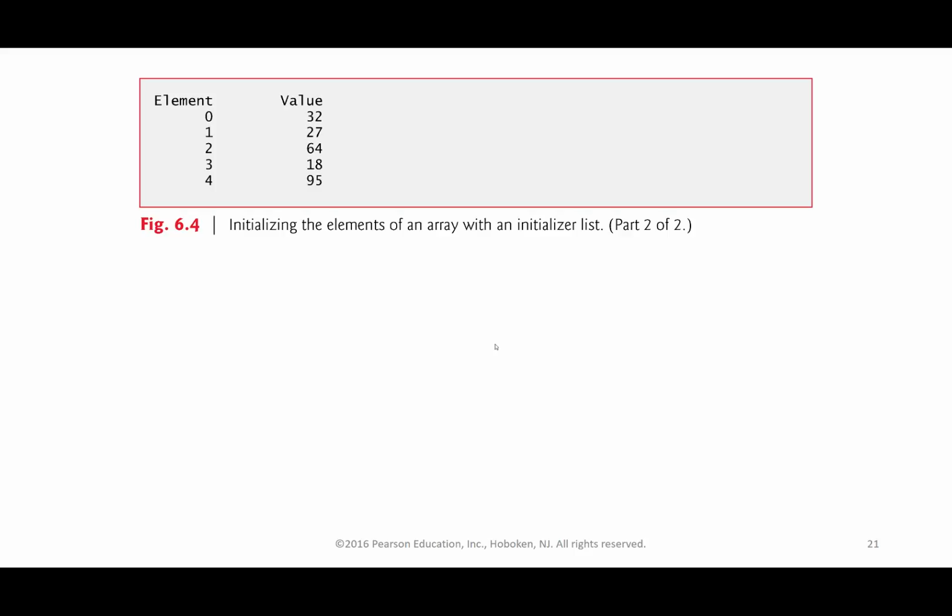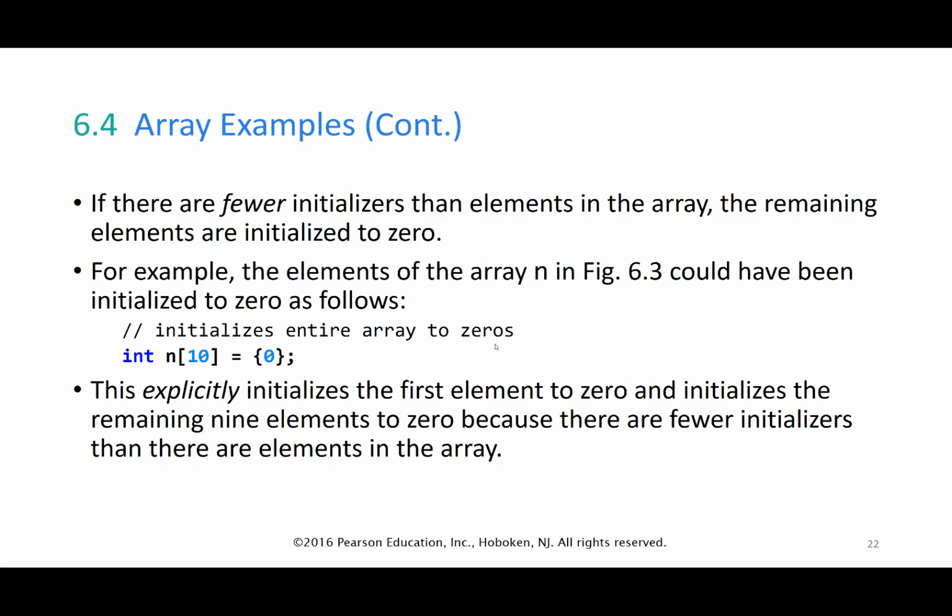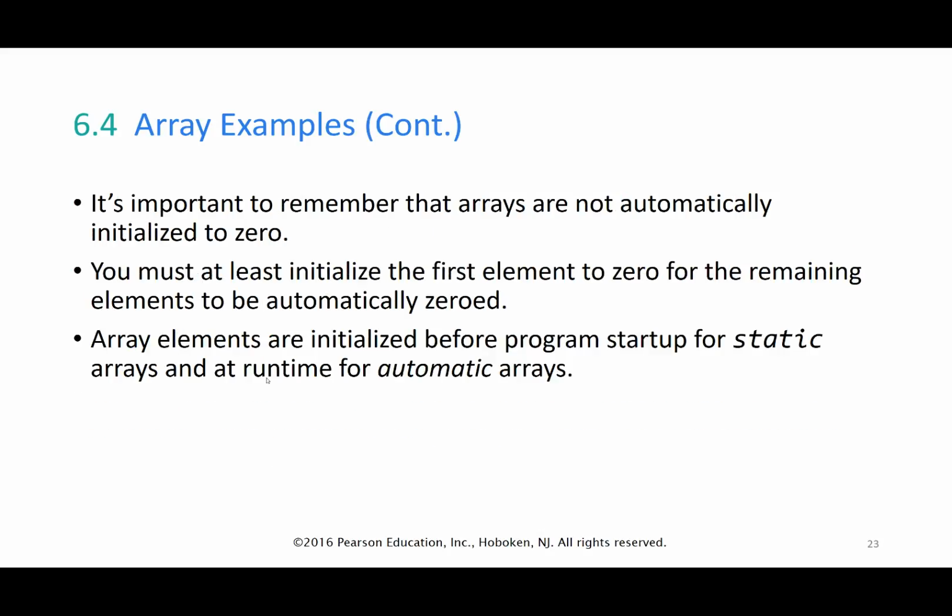I'm going relatively quick here. This initializes the entire array to 0. That's probably the easiest way: when you declare an array, initialize it to 0 at the beginning to make sure the elements are empty. It's important to remember that arrays are not automatically initialized to 0.